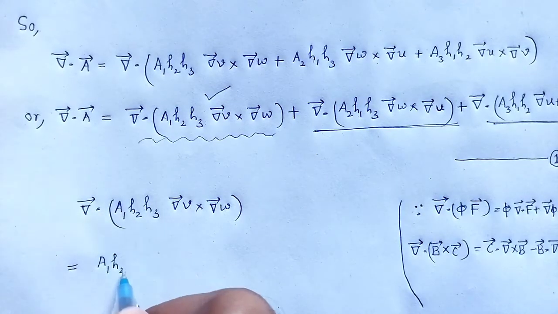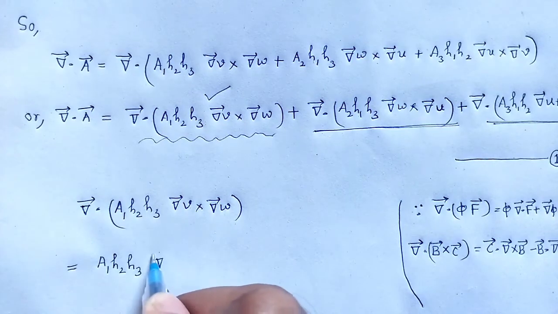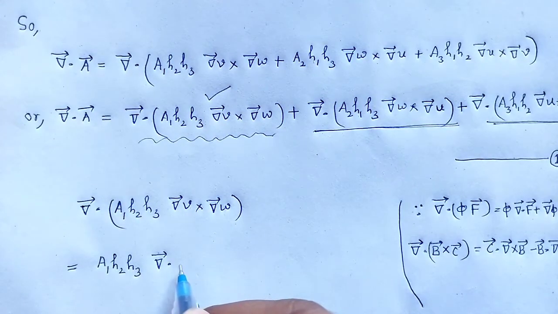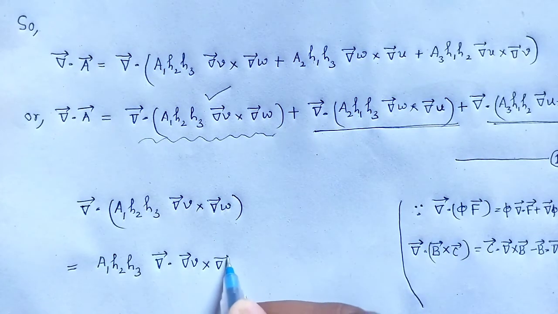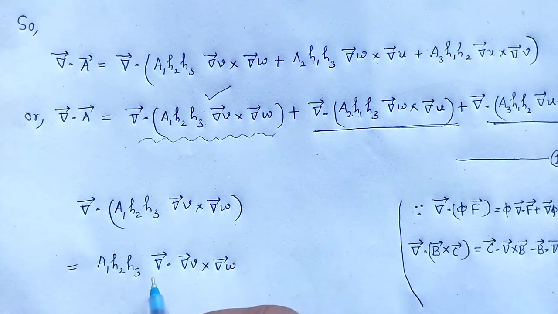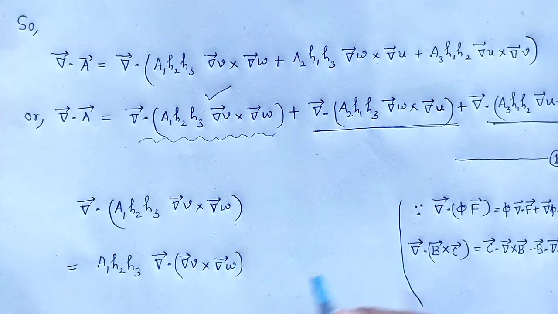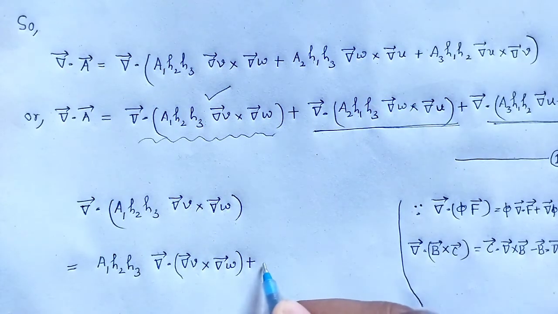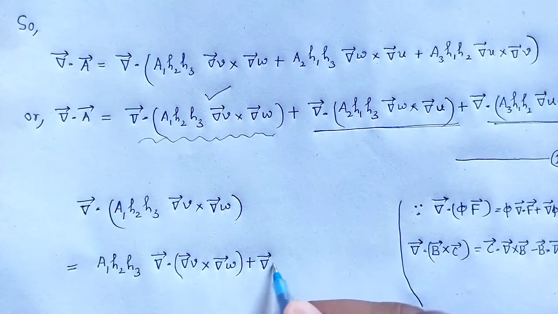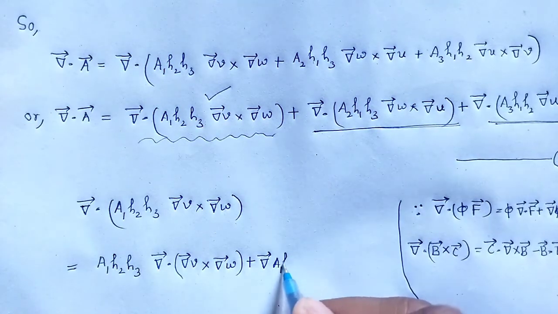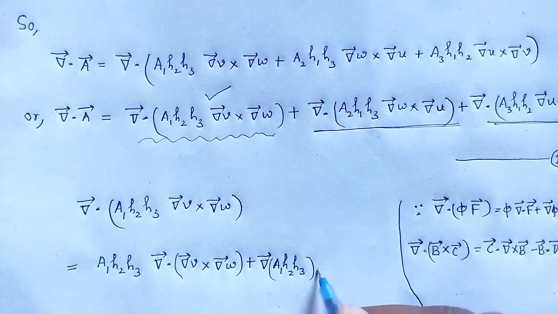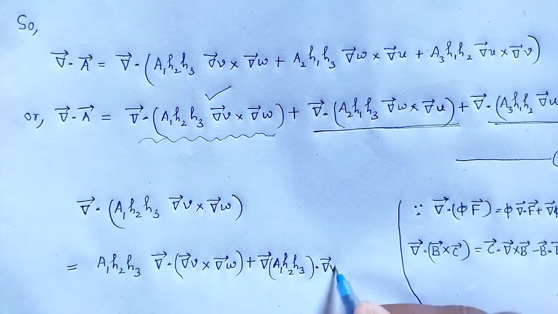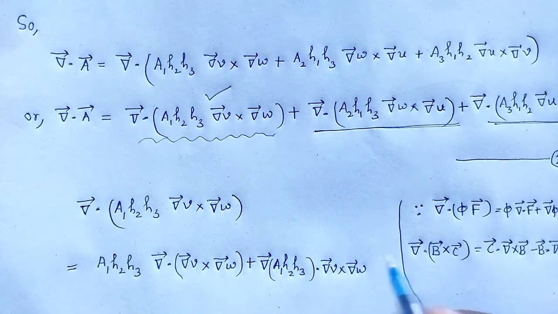a1 h2 h3 grad dot grad v cross grad w plus grad of a1 h2 h3 dot grad v cross grad w.